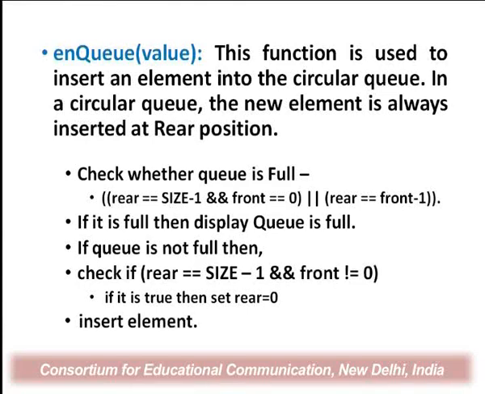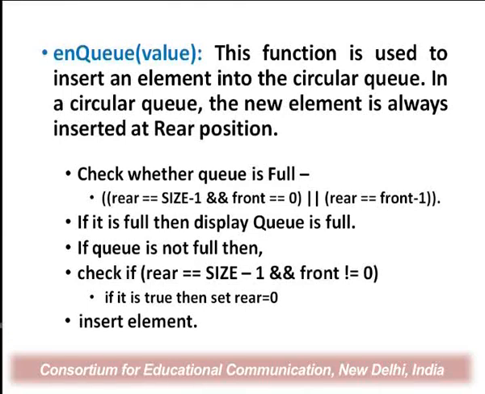Whether a circular queue is full or not can be checked by using two conditions. Either rear equals size minus 1, that means in case of 8 elements, rear is pointing towards the 7th, last element, and front is pointing towards 0, that means all the elements are occupied and your queue is full. Or another situation could be rear equals front minus 1.